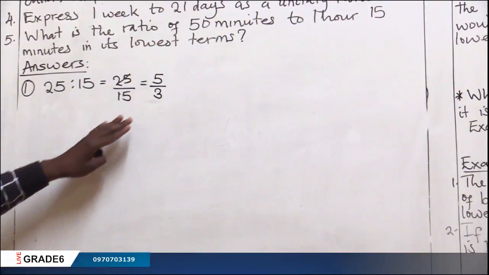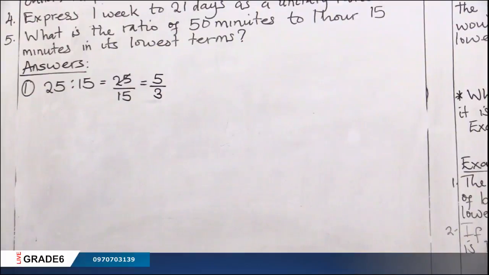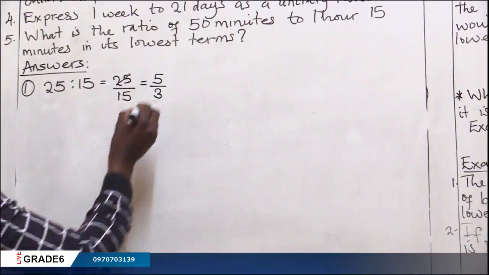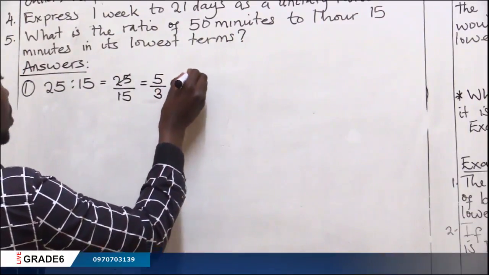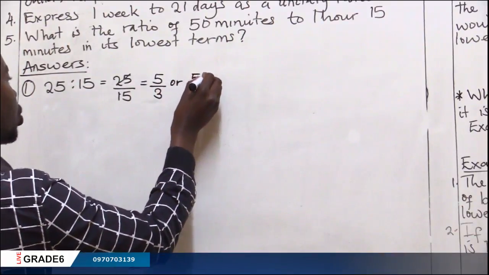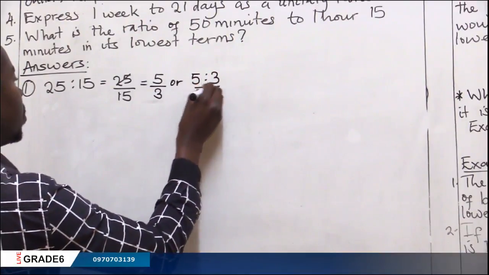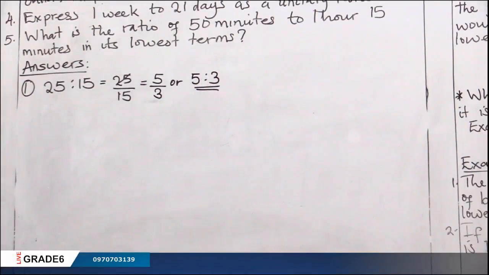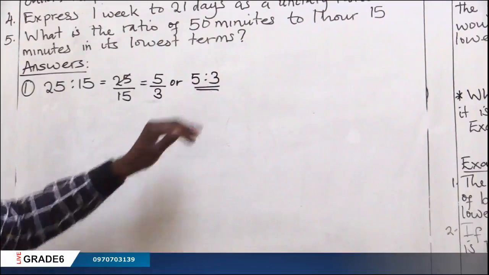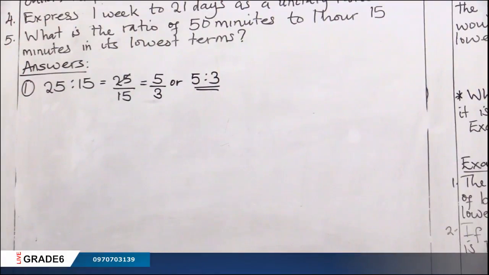Therefore, our answer is 5 over 3, or 5 to 3. Meaning that for every 5 girls, there are 3 boys in grade 6 class.